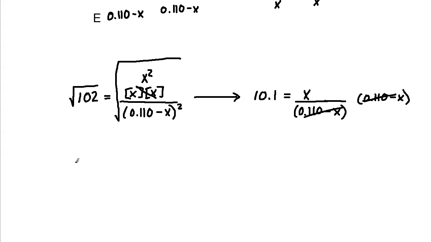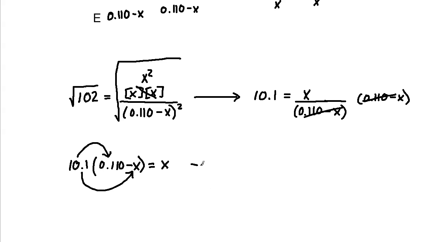And so what that would look like here is I would have 10.1 that's going to need to be multiplied and distributed to 0.110 minus X, and then that's going to be equal to the X, not the 10.1, because the X squared dropped out. So if I've got that there, then I can start solving for this. I'm going to need to distribute the 10.1 to the 0.110, and then I'll also distribute the 10.1 to the negative X here.